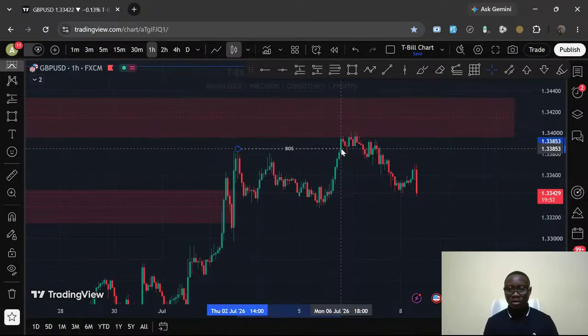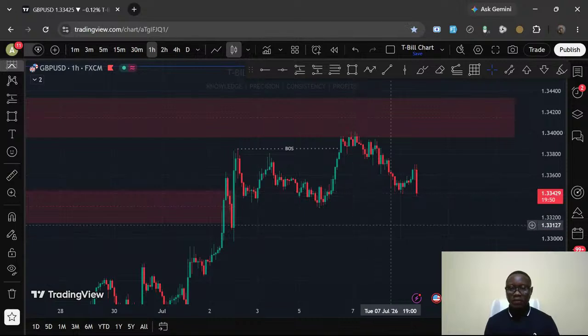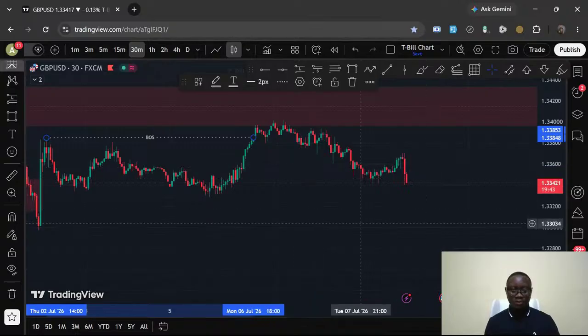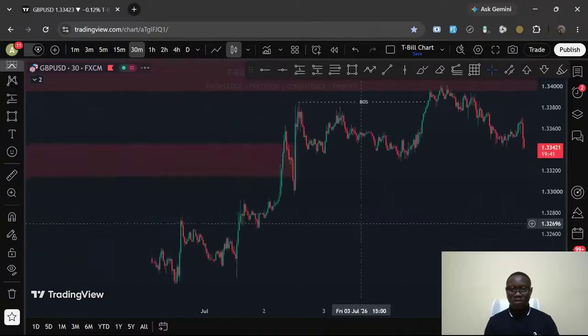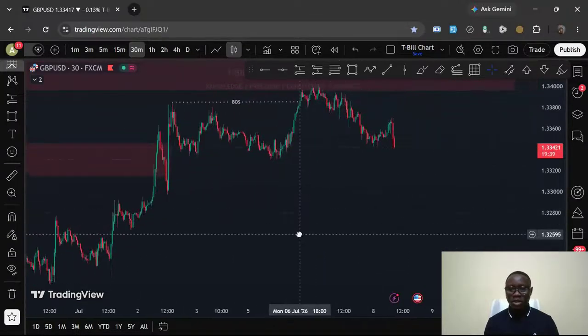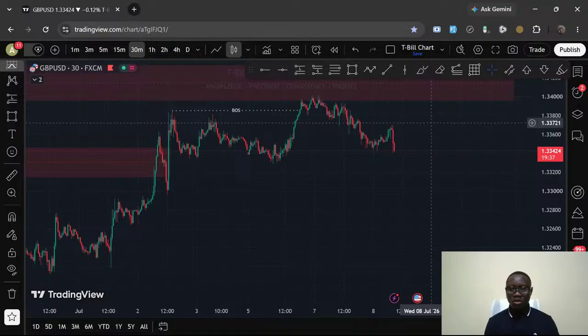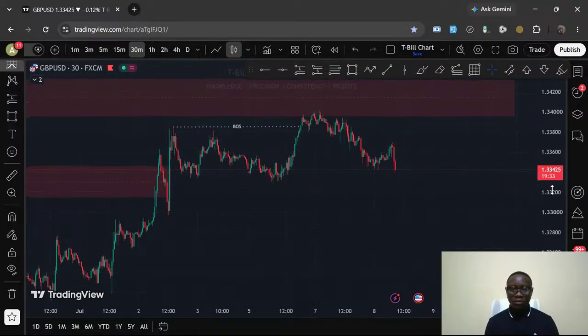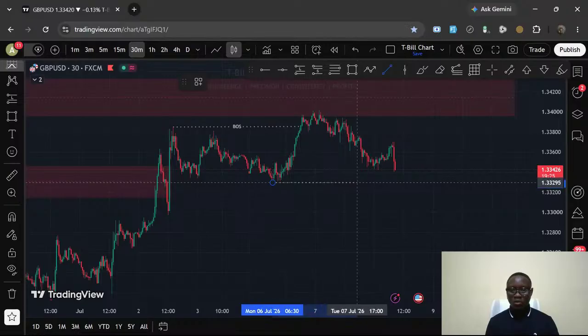Since we have this break of structure to the upside, let me use the 30-minute time frame for this. So this is what I would basically wait for. This right here. So this becomes our last low.